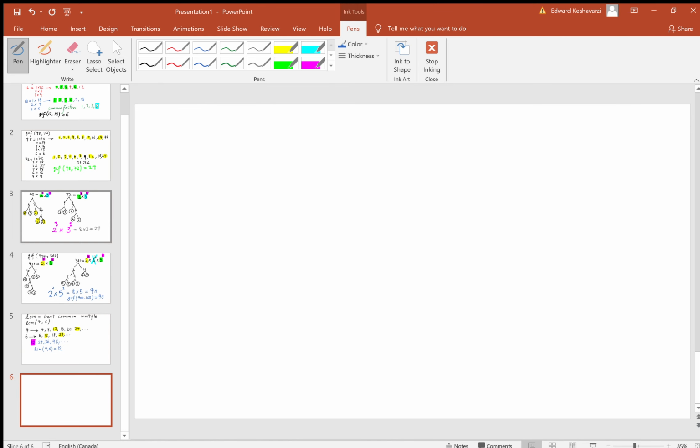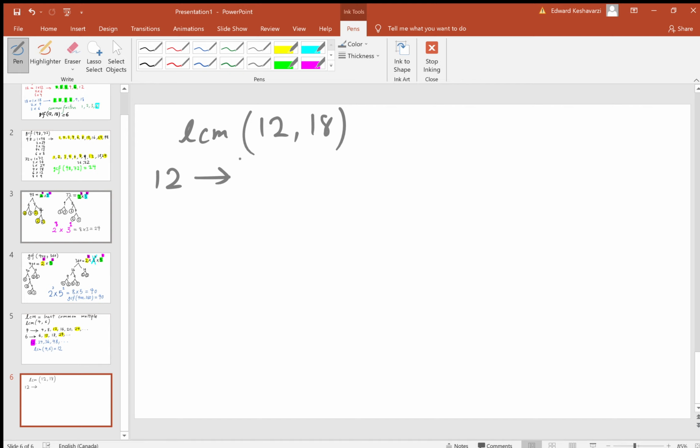Next example is about the LCM of 12 and 18. So we need to write down all the multiples of 12 and then find a pattern.